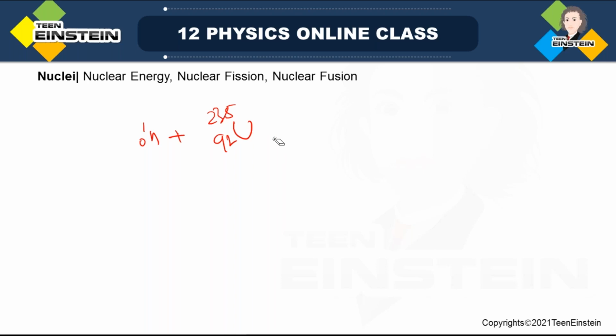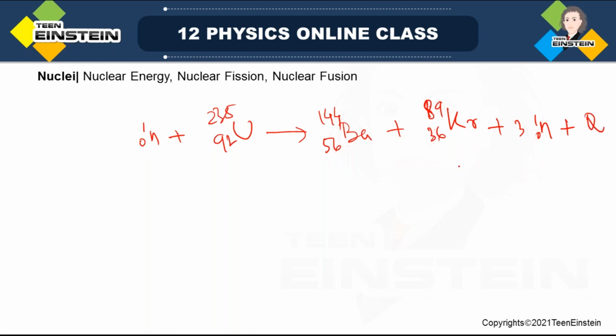So barium 56, plus krypton, this is 36, and this will be 89, and there will be 3 neutrons getting released, and along with that there will be an enormous amount of energy released. Okay, enormous amount of energy released.